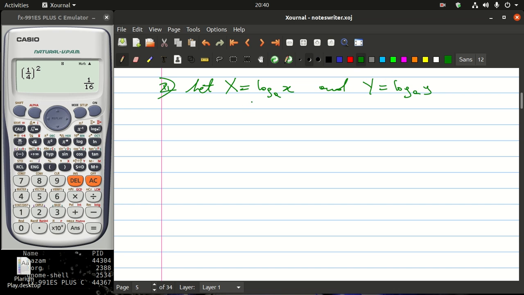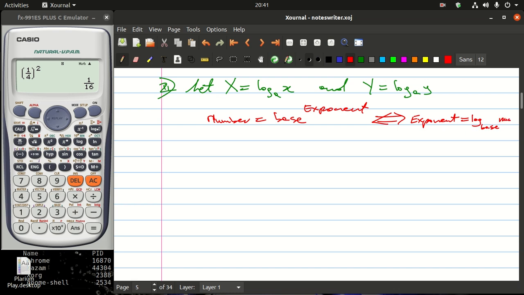And then the next thing, we use the same principle here: if I have a number equal to a base raised to an exponent, this is equivalent to saying I have an exponent equal to log base the number, right? So I'm going to convert this.